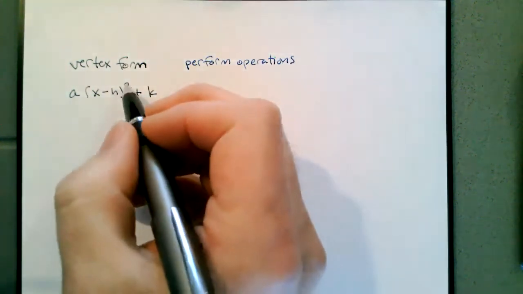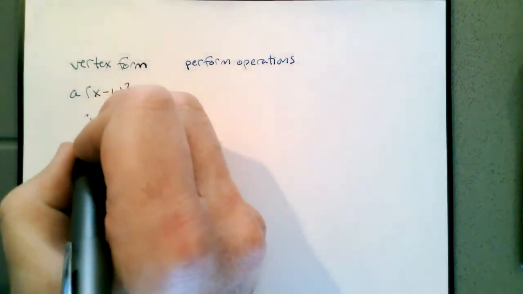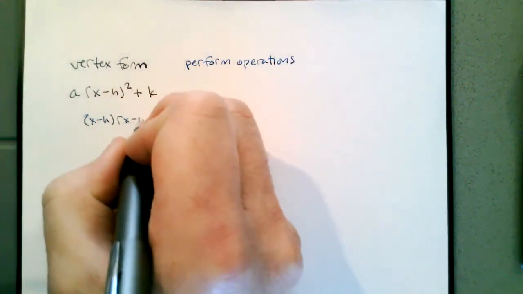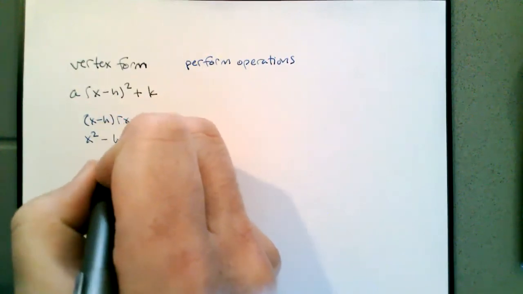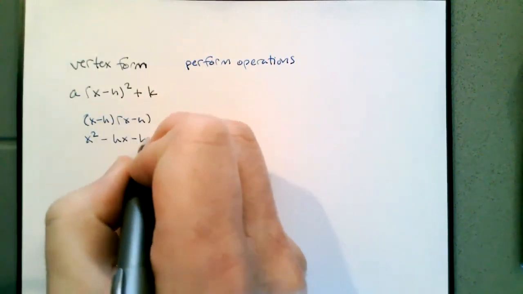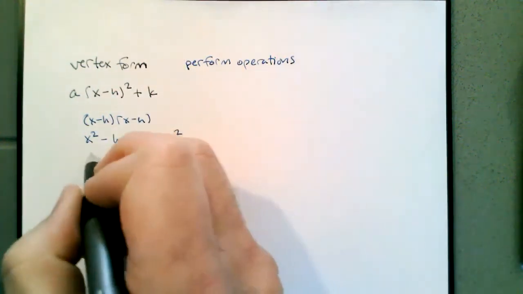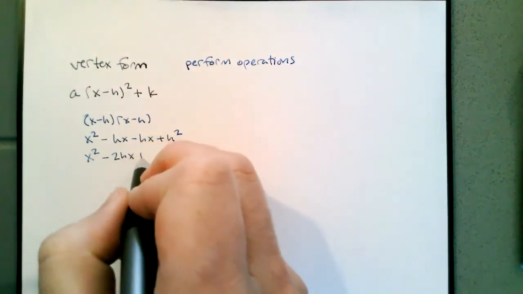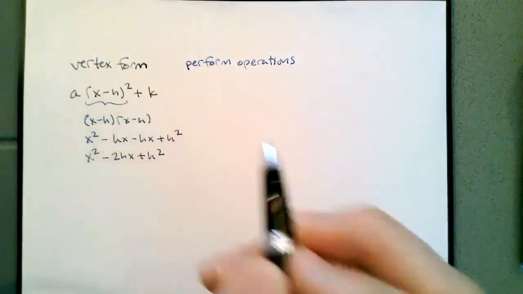So we're going to take the exponent of x minus h. So I have x minus h times another x minus h. That'll give us an x squared minus an hx minus another hx plus h squared. So I have x squared minus 2hx plus h squared. That's just the x minus h squared.